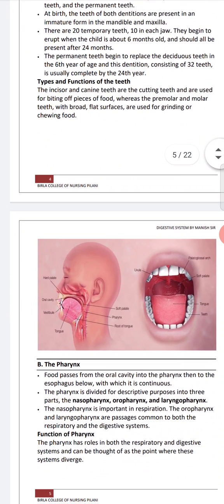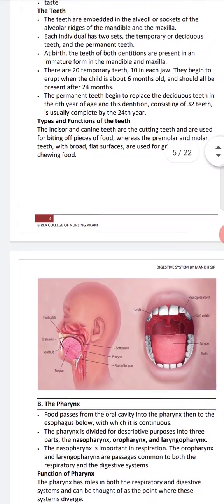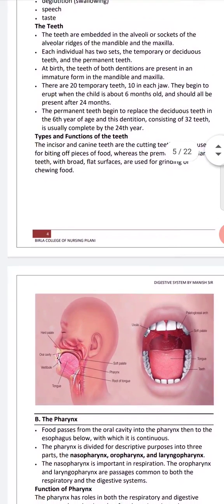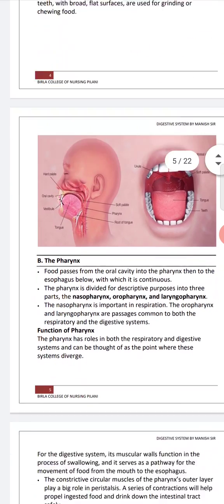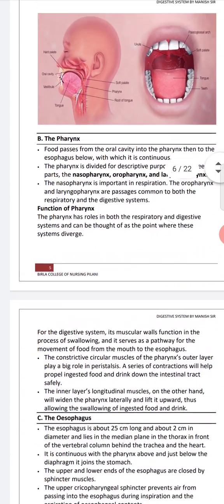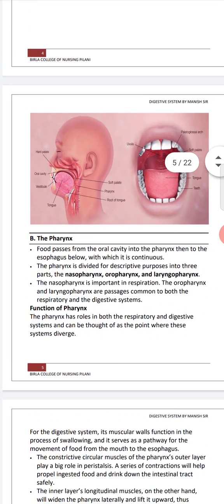Okay, that is all about the oral cavity, which is posteriorly connected with the pharynx. It is also called the oropharynx. As previously in the chapter of the respiratory system we discussed the pharynx, connecting three parts: the superior nasopharynx, then the oropharynx and the laryngopharynx.